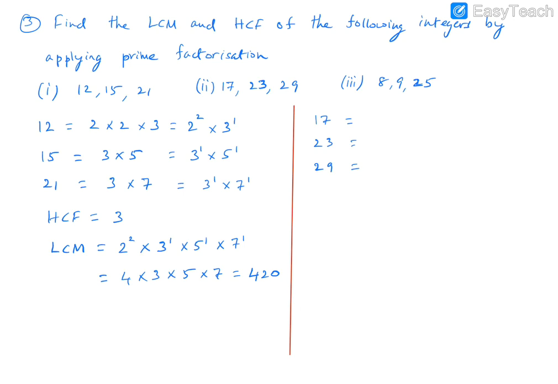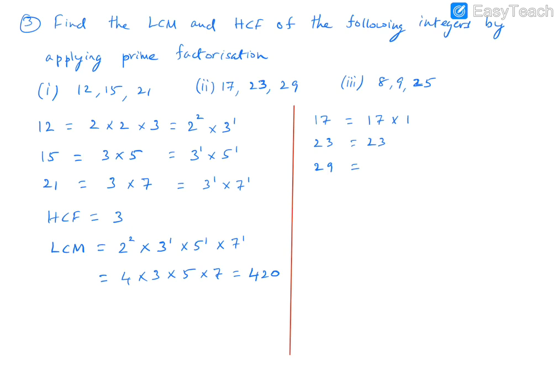So the only prime factorization available for these numbers is the number itself and the number 1, because they are prime numbers. So the only numbers that divide the prime number are the number 1 and the number itself. So 17 can be represented in terms of its prime factors as 17 into 1.